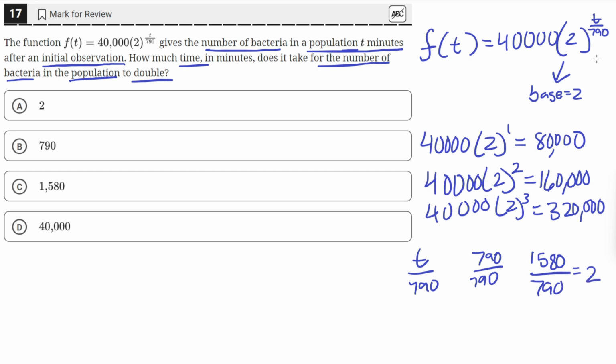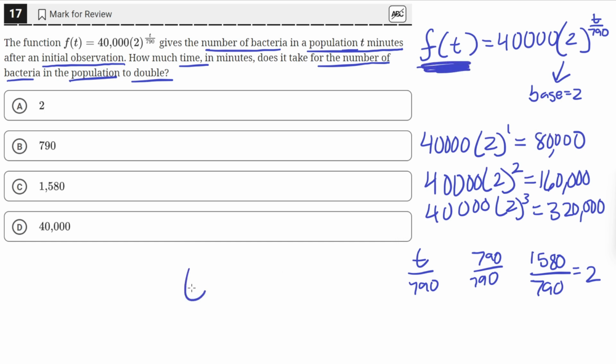So every time the value of t increases by 790, because we're dividing by 790, every time we add 790 to the numerator, we're adding another multiple of 790. So then that causes the exponent to increase by 1. And when the exponent increases by 1, the value of f of t, the amount of bacteria, doubles.